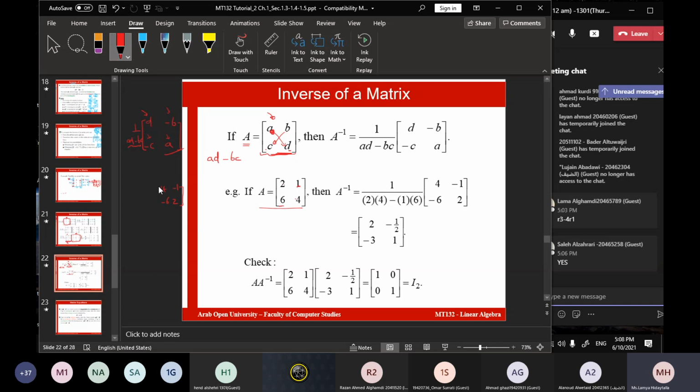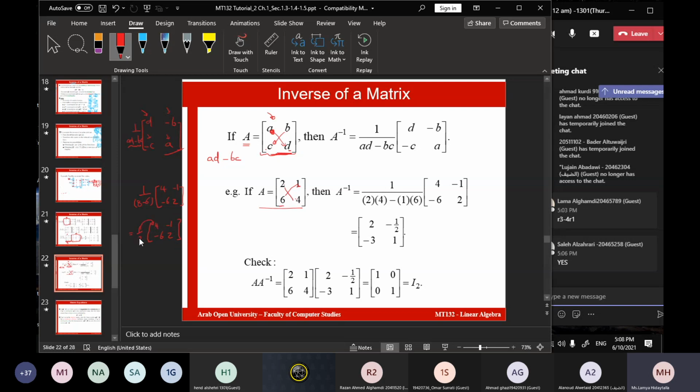And don't forget, times 1 over what? 2 times 4 is 8, minus 1 times 6 is 6. So 8 minus 6. So that is equal to 1 over 2 multiplied by 4, minus 1, minus 6 and then 2. If you want to leave it like that, you can.